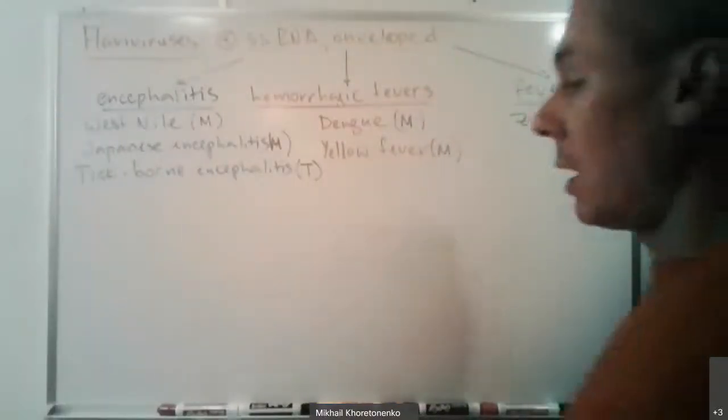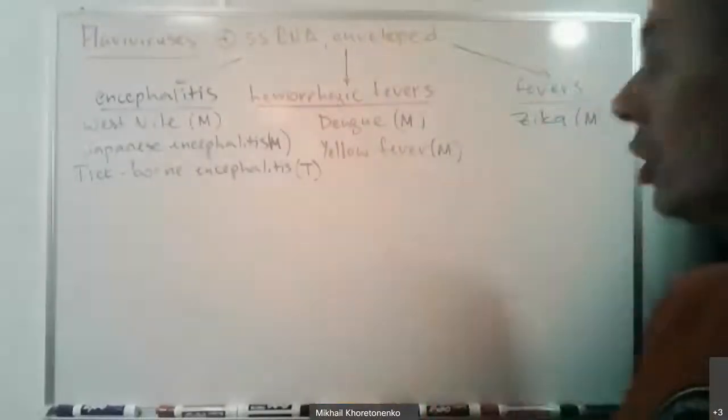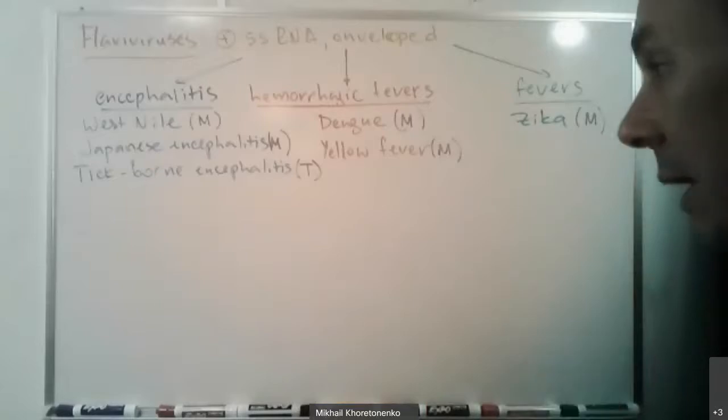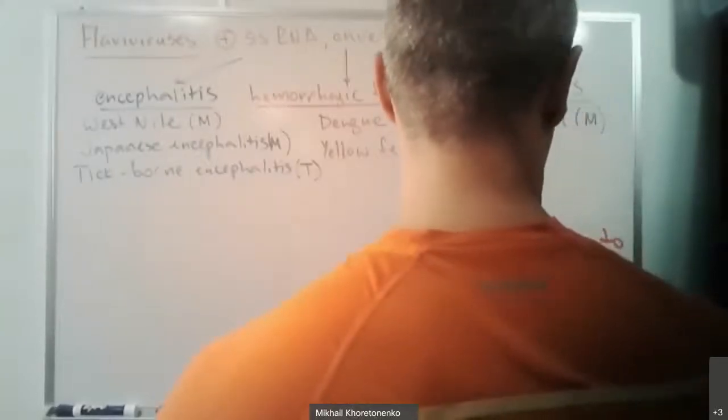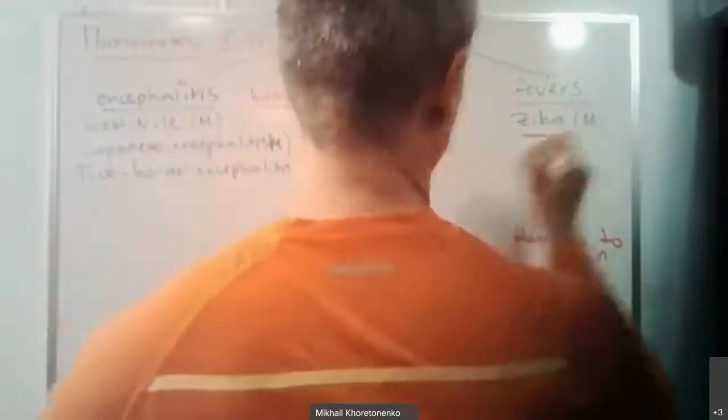Now, I'm going to highlight viruses that have a capacity of human-to-human transmission. I'm running out of colors, quite frankly. So I'm going to put human-to-human transmission. And that's going to be dengue, yellow fever, and Zika.